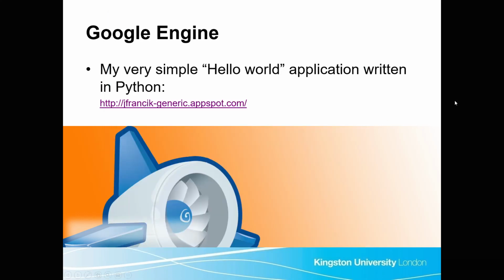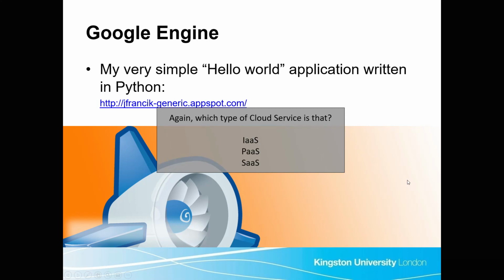But what's important with Google App Engine is that this is a service which allows developers to write a program in a range of programming languages, including Python, and run these programs remotely in the cloud. So again, the question for you, which will remain unanswered in this presentation: which type of cloud service is it? Infrastructure, platform, or software as a service?